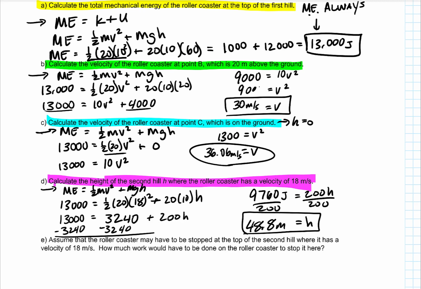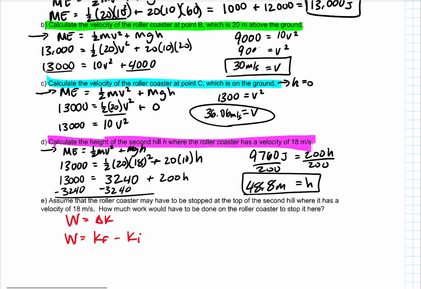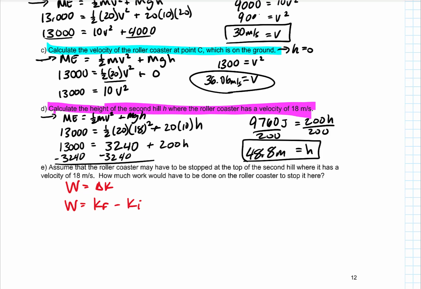Part E wants to know how much work it would take to stop the roller coaster on top of the second hill. Well, work is equal to the change in kinetic energy. So work is equal to the final kinetic energy minus the initial kinetic energy. Well, the final kinetic energy, if we want to stop it, is 0.